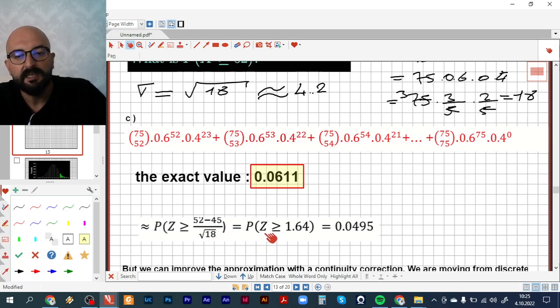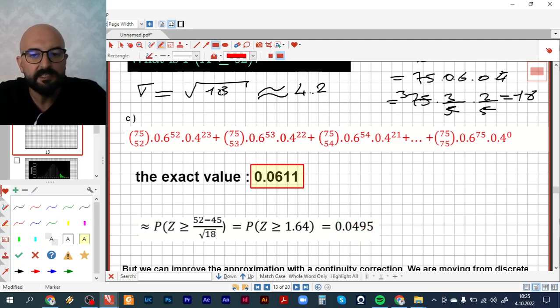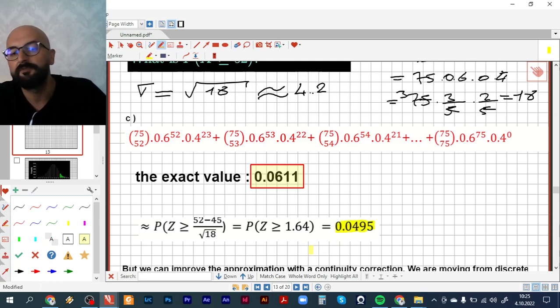It means z is greater than or equal to 1.64, and this normal distribution value is 0.0495.